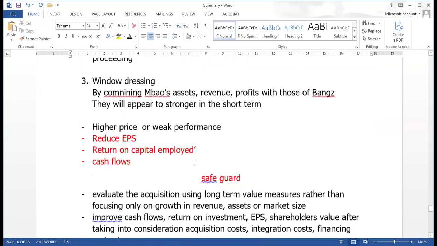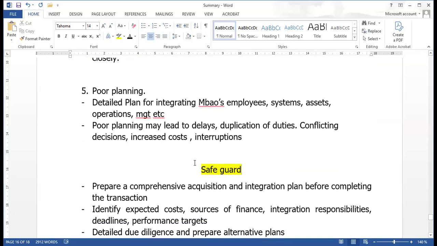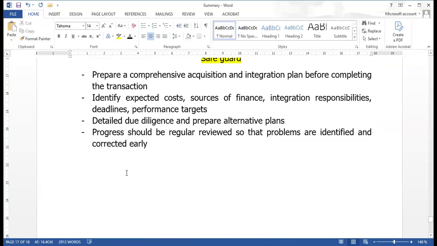Failure to do enough due diligence. You can separate that point. Number 6, inadequate due diligence. Where you are not doing adequate due diligence, there will be issues.